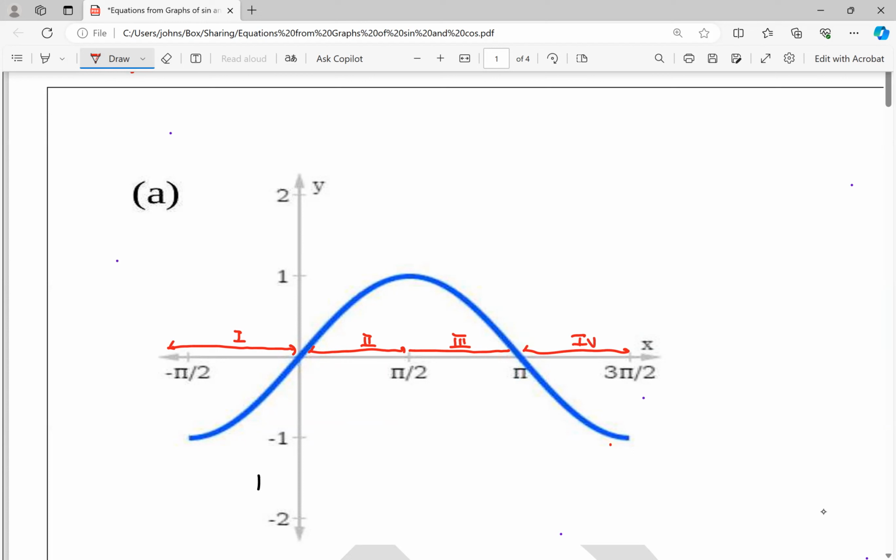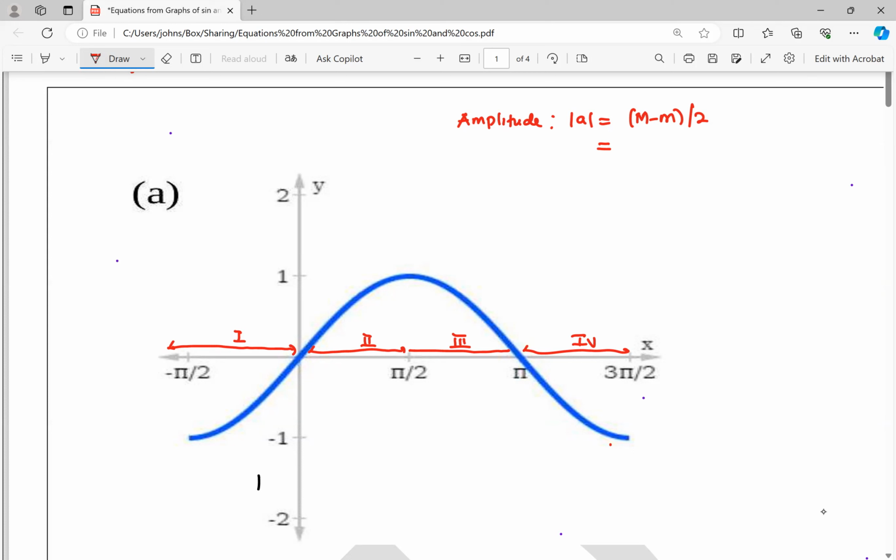Then we need to start also finding the amplitude. So amplitude, which is simply the absolute value of A, we use this formula, capital M minus small m divided by 2. What is capital M? Capital M is the maximum value you have.